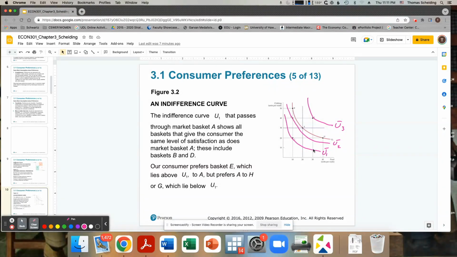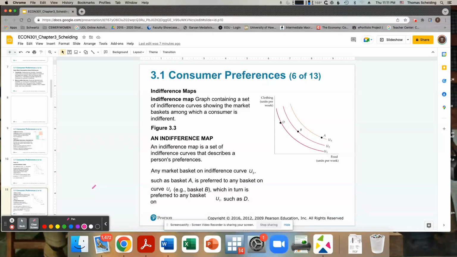U1 is the least preferred option, at least in the things that we have listed here. So when we draw those all out, we call that the indifference map, the tracing out of all the indifference curves that go through each of the points.